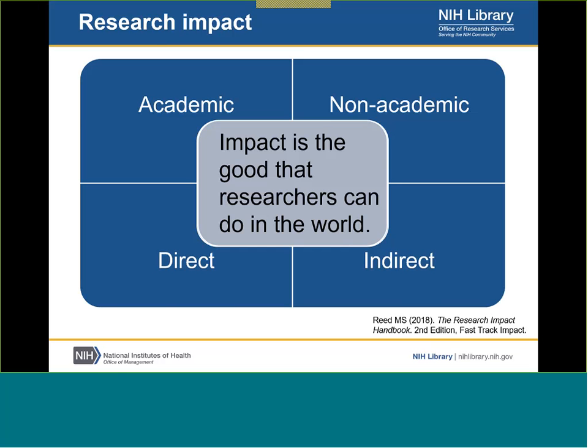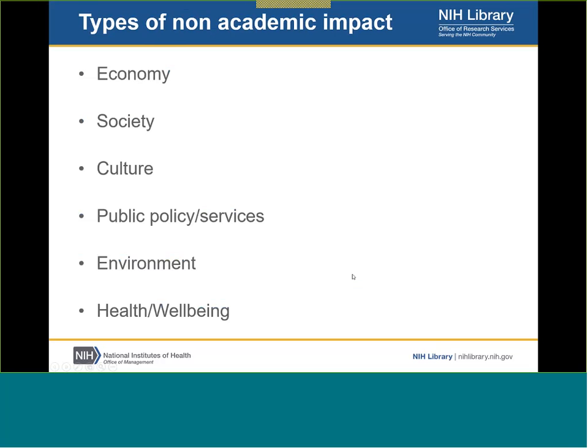All right, so let's move on and talk about the types of non-academic impact. There are several different types of non-academic impact, but some major ones include economy, for example, how we spend money. Do we have different trends in the way we spend money or buy houses? Maybe we have impact on society, on specific social norms.